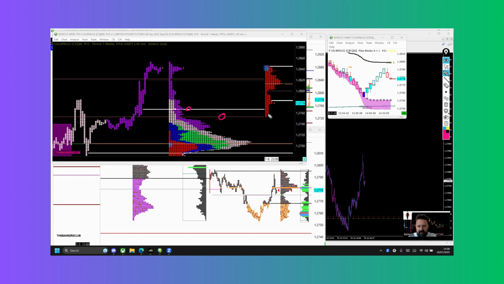We can see we actually rejected to the pip from there. Pretty cool, yeah? We can also see a structure point here, which is right in line with that high volume node. That's quite interesting. Can you see that?